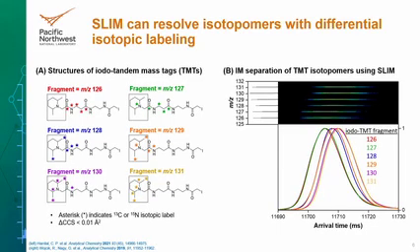One of them being that if you perform fragmentation on them, at least with traditional collision-induced dissociation, you get this reporter ion, which is that ring-like structure with the nitrogen in it. And these TMTs have different isotope labels to them. So for example, the one in red doesn't have any isotopic label. Well, it will naturally, but you don't induce it yourself. And so that will give you just a monoisotopic peak in your spectrum.